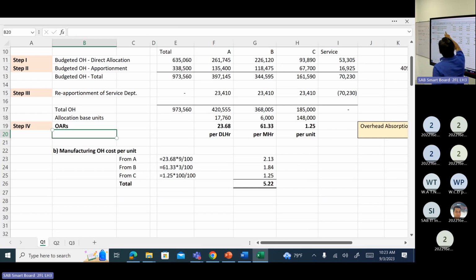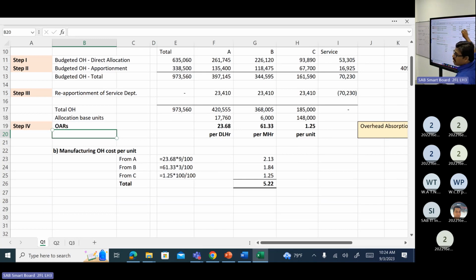Overhead cost directly allocated 261, 220, 120, 93.53 is given. The total comes to 635. Total budgeted overhead given 973. So the difference is 338. That we have to allocate 40%, 35%, 20% and 5%. Then total budgeted overhead 973.